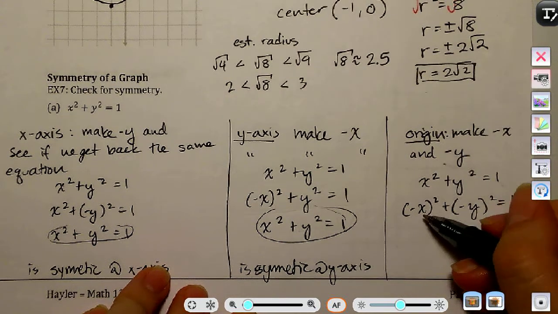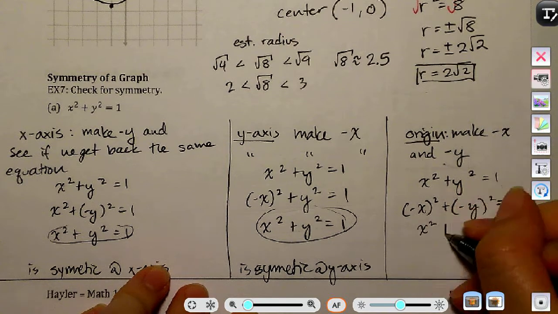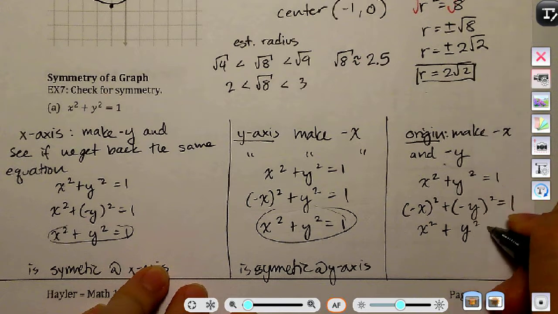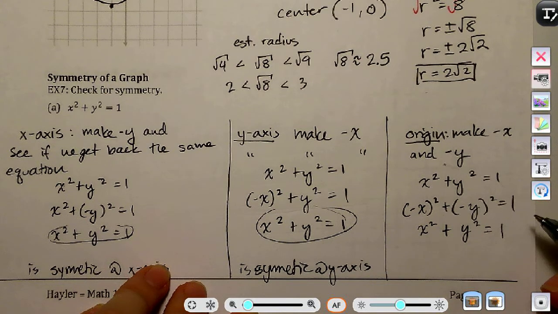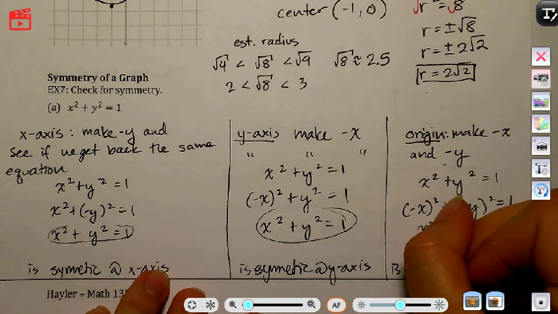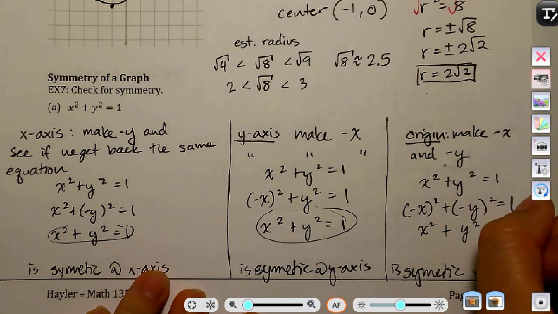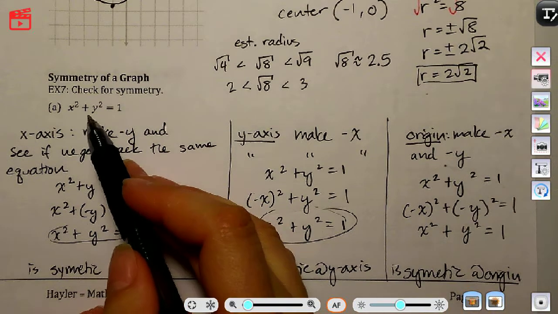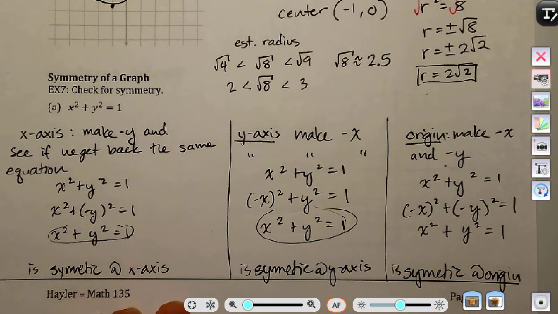Simplifying, well, anything negative squared is going to be itself. And once again, anything negative squared is going to be itself. And what do you know? We get back the exact same equation. So it is symmetric about the origin. So this equation is symmetric about the x-axis, y-axis, and the origin.